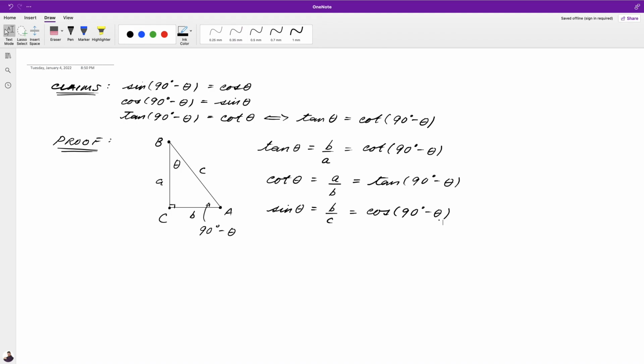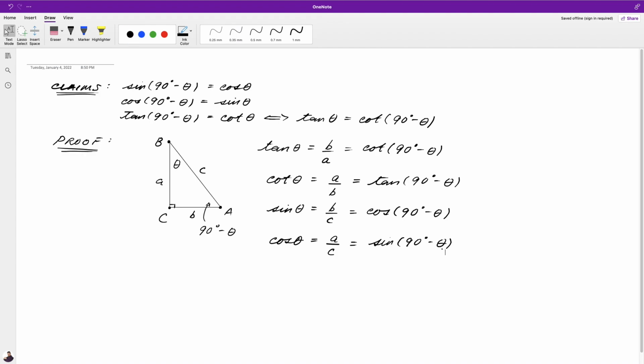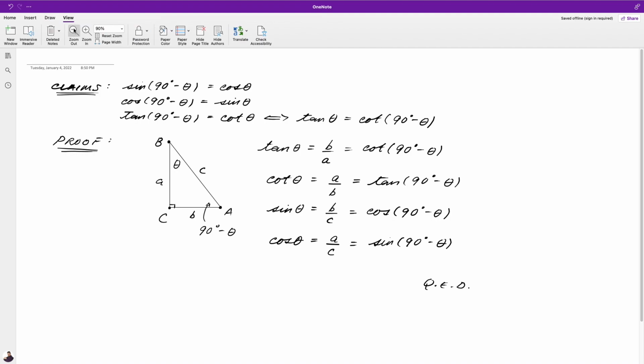That was fun. Now we've got the cosine of theta. Cosine of theta is A over C. And as you can see, that's going to be the same thing as the sine of 90 degrees minus theta. All right. So the cofunction identities have in such a way been proven. Not very hard.